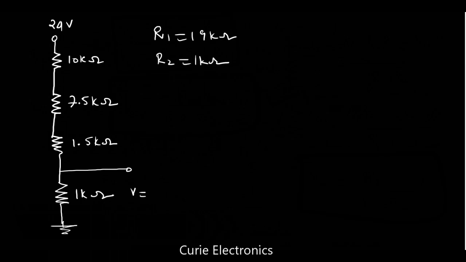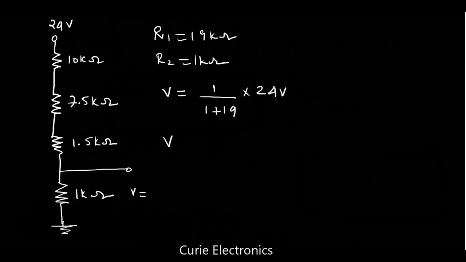V equals 1 upon 1 plus 19 multiplied by VCC, 24 volt.